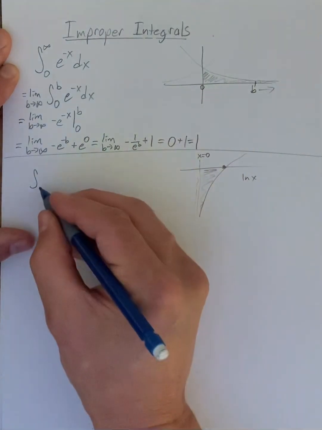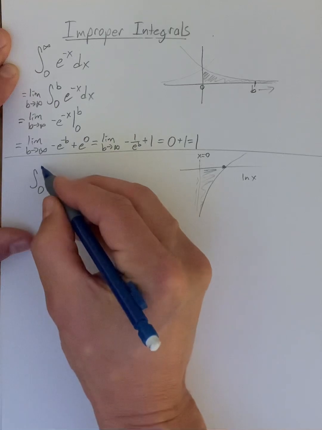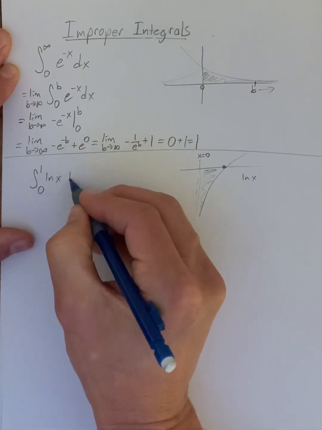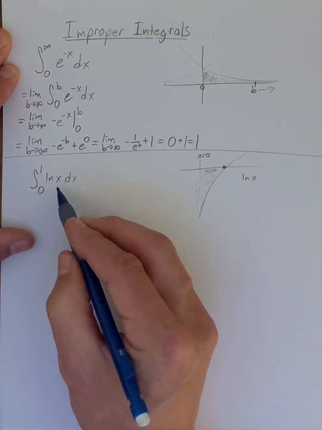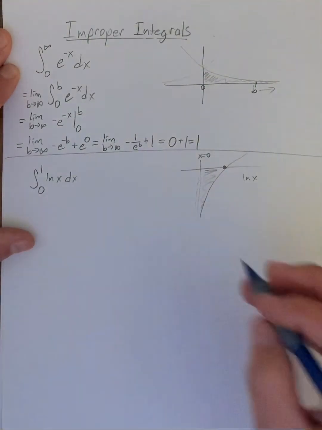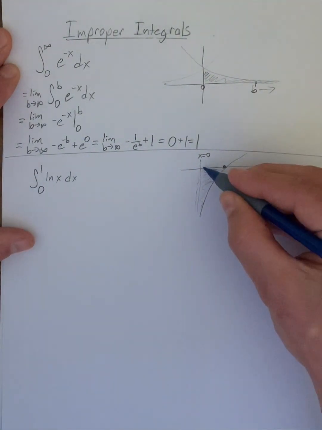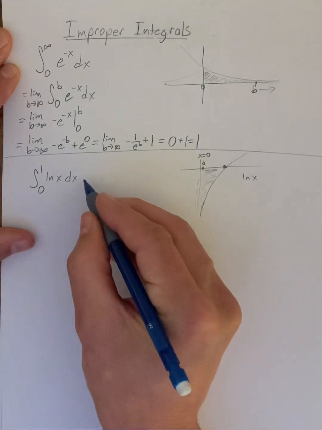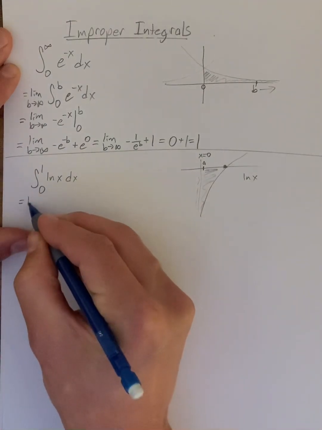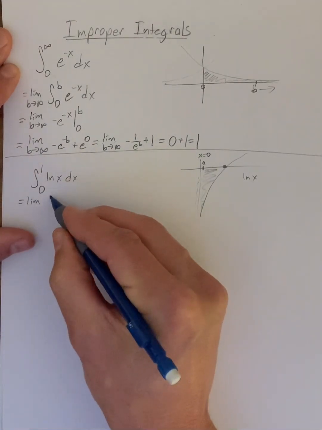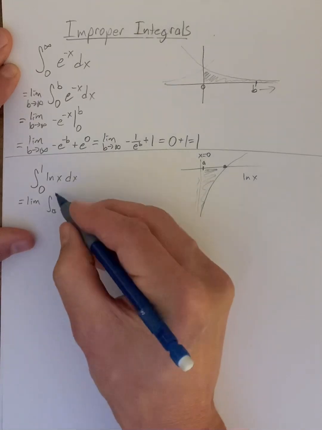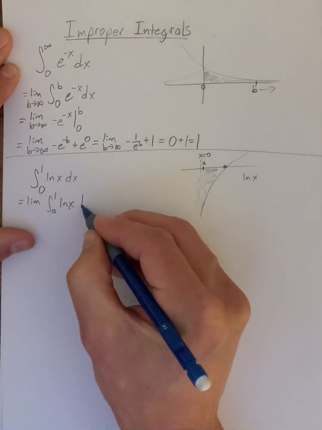You could ask, what's the integral from 0 to 1 of natural log of x dx? But it isn't defined there. So what if I had an a there and got really close? What if I just integrated from a pretty small a up to 1? That would get you close, right?